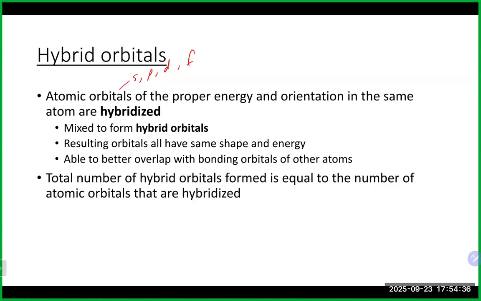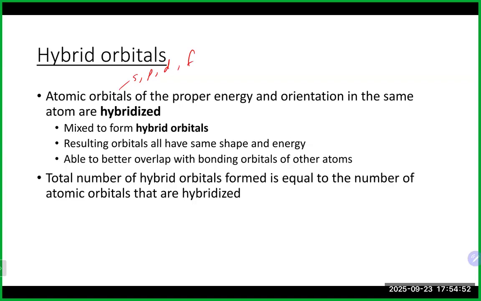Now, when we do make these hybrid orbitals, the total number of hybrid orbitals that we make is equal to the number of atomic orbitals that we put together. So if we mix 3 atomic orbitals together, we will end up with 3 hybrid orbitals.